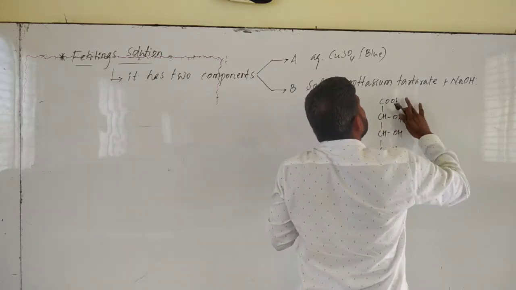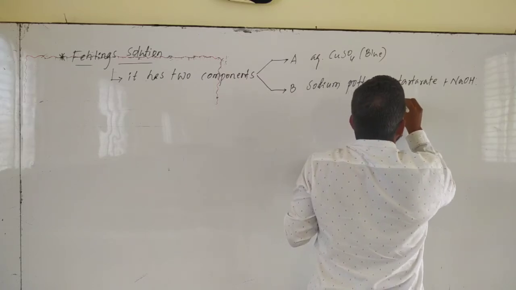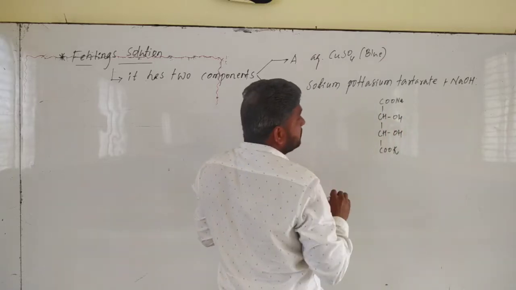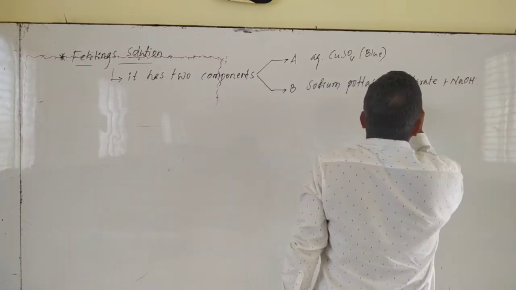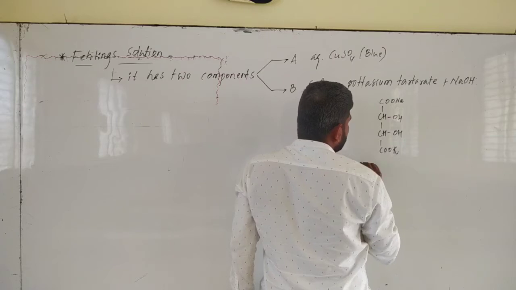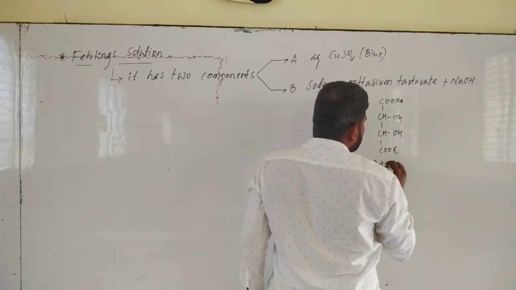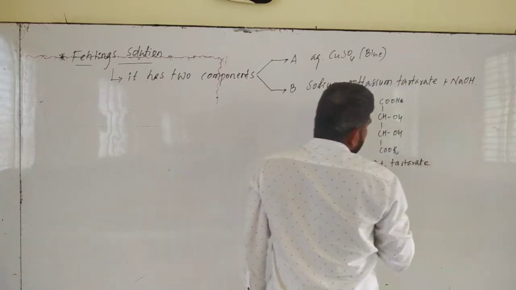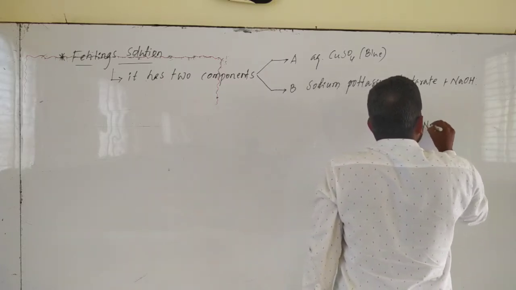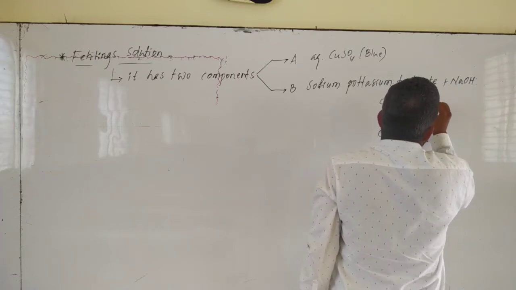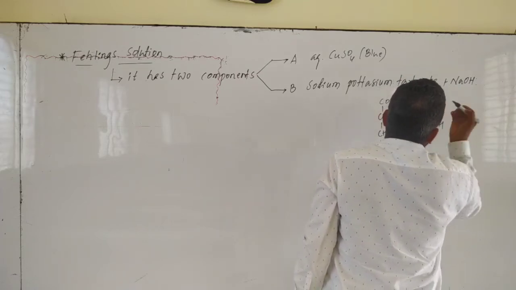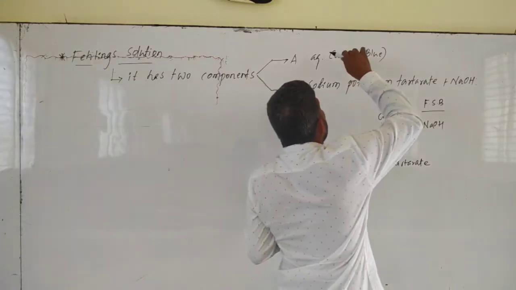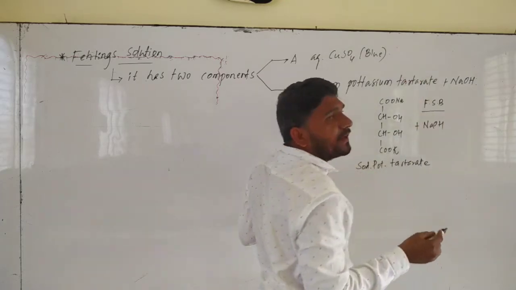If you replace this H plus by Na plus and this one by K plus, it becomes sodium potassium tartarate. With this, if you add NaOH, this is nothing but Fehling's solution B, FSB. This blue aqueous copper sulfate solution is known as what? Fehling solution A.